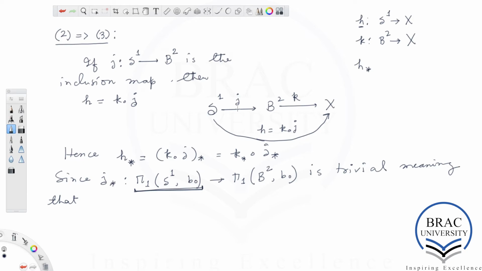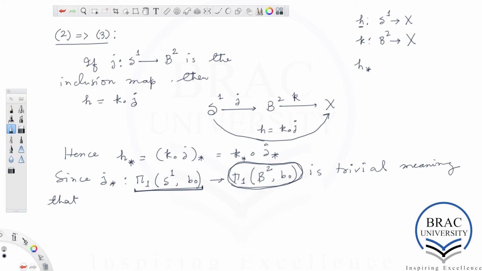J star is trivial because there is only one element here. We just have the identity element, because the fundamental group of the two disk, or the unit ball, consists of only the identity element, the constant loop.